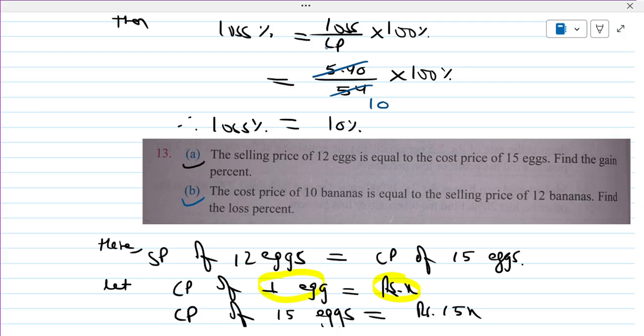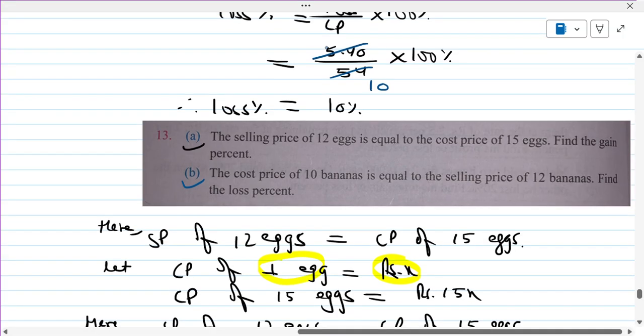You first say the cost price of 10 bananas equals the selling price of 12 bananas, and you suppose the cost price of one banana equals x, so the cost price of 10 bananas is 10x, and the selling price of 12 bananas is also 10x. Then you can find the selling price of one banana, compare selling price and cost price for one banana, decide whether there is profit or loss, and then find its percentage. So up to question 30 I have made it clear.